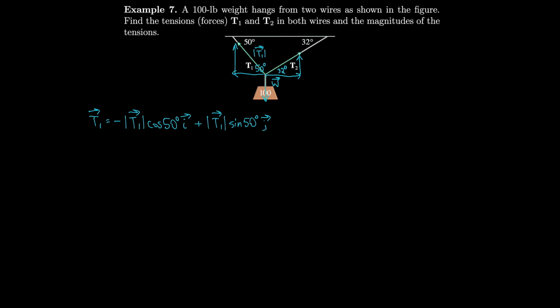So now let's worry about the other one, t2. We can do basically the exact same thing to see that t2 will be the length of t2 times the cosine of 32 degrees, which is positive because we're going this way now, and the direction going up is also positive. It's going to be the length of t2 times the sine of 32.